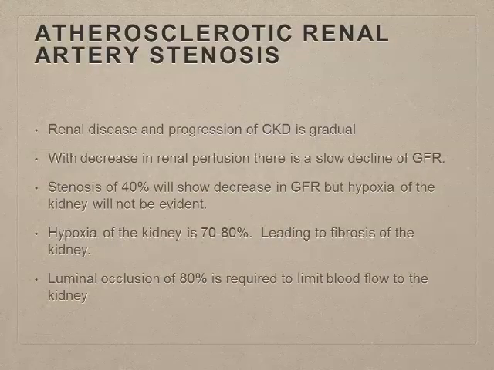But it is not until about 80% stenosis of a renal artery that you start seeing ischemic changes with fibrosis within the kidney, and you start seeing the chronic kidney disease effects of the disease.